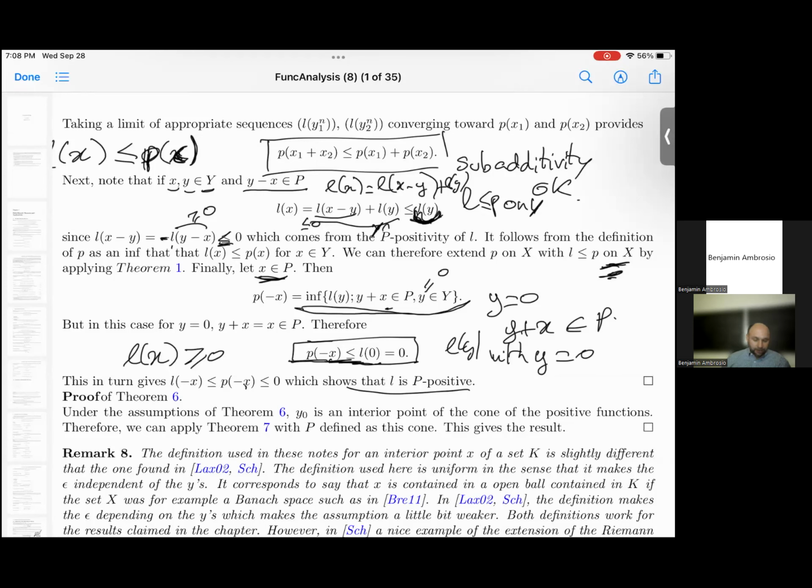So now, if you want to prove the theorem, I won't give the details, it's just an application of theorem 7.